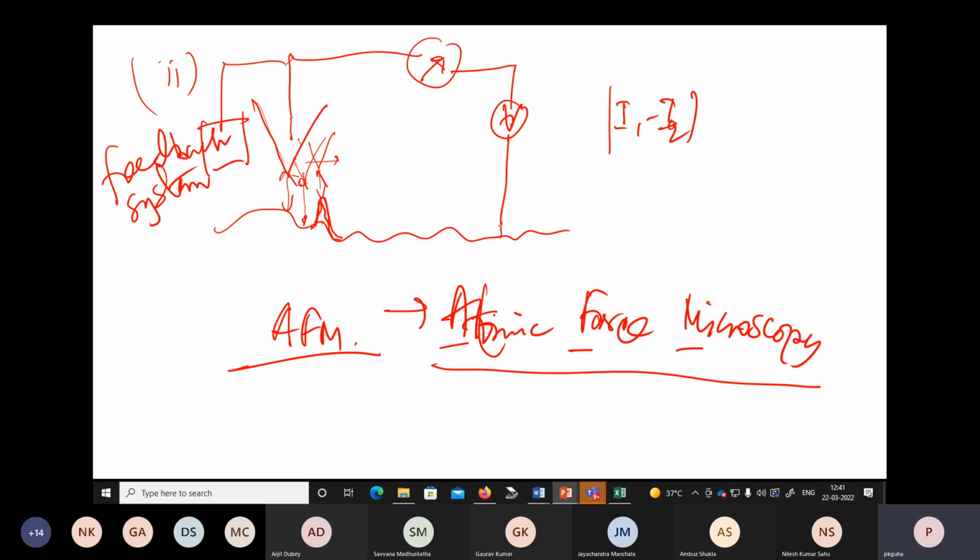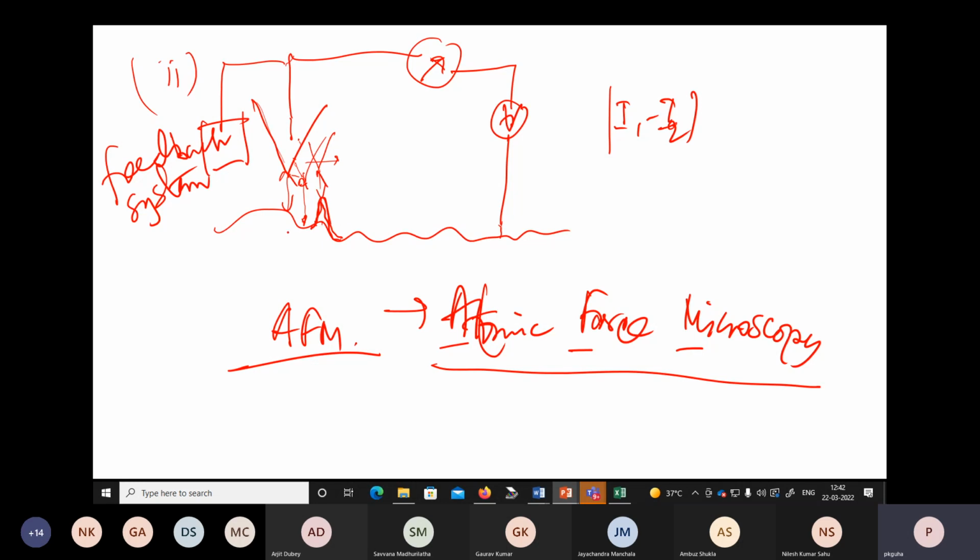So this atomic force microscope, or AFM, will be very useful. It works in the same manner, but it can accommodate even a material that is insulating. But here you don't measure tunnel current, you measure the force that exists between the tip and the nanostructure.